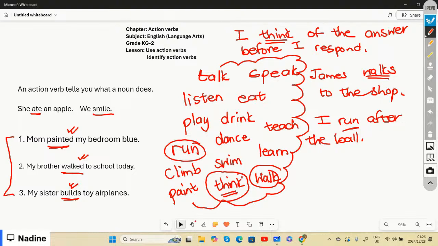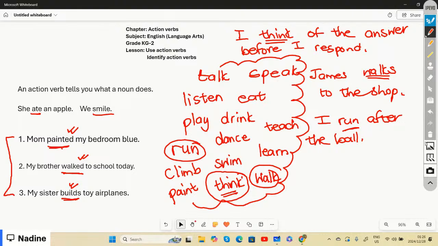And then we also had to create or build sentences. Because remember, the whole aim of action verbs is not just for us to identify what we are doing or what we did, the action that tells us what the noun does, but it's also how to build a sentence. So well done. Builds is correct.